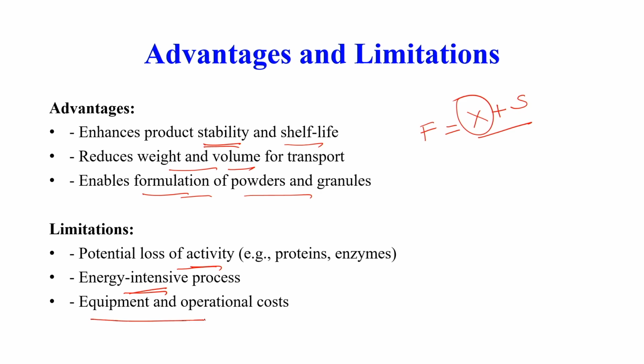Further, you need to have sophisticated instrumentation and operational cost, particularly if you are going for vacuum drying or freeze drying, because there you need a sophisticated vacuum device, then a controlled temperature device. In addition, there you require a very good quality controller also to control the desired temperature and pressure. So, with this I will stop here.